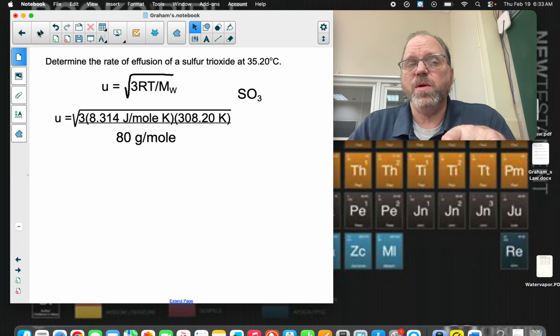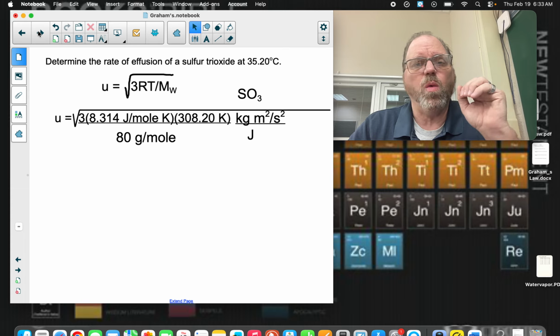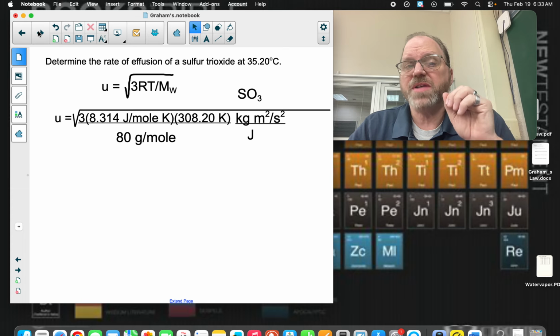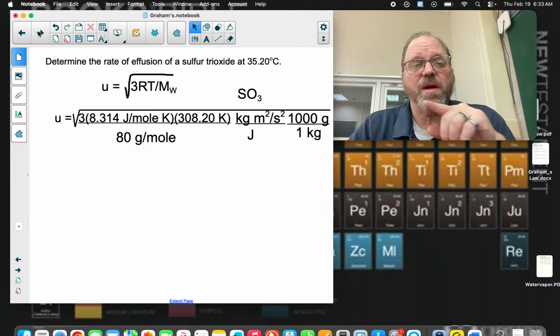We're going to take the square root of that. But we've got to get rid of some units here, so there are 2 additional fractions we're going to add. We're going to say that 1 kilogram meter squared per second squared is a joule. And we're going to say 1,000 grams is a kilogram. That way my kilograms will cross out, my grams will cross out, my moles will cross out, my Kelvin will cross out, joules cross out.